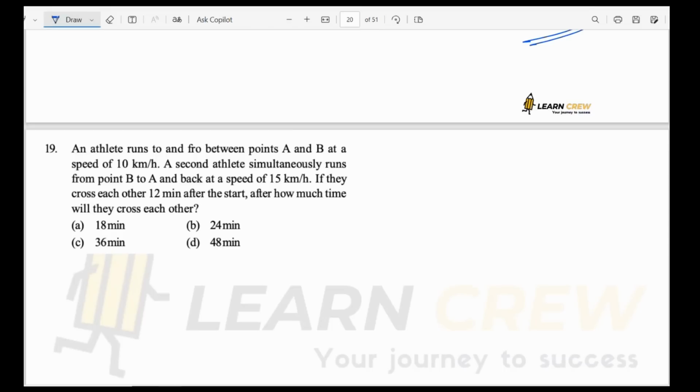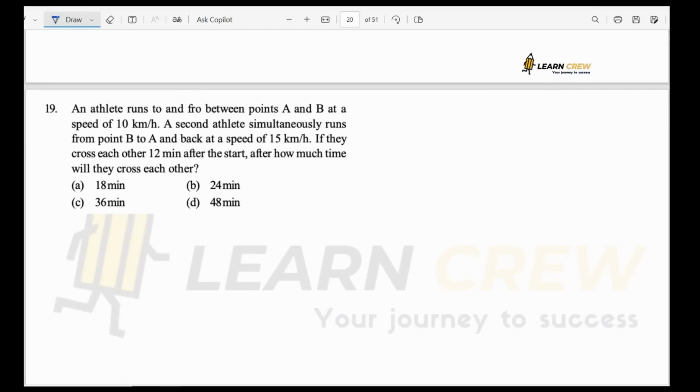Next. Please answer this question number 19. An athlete runs to and fro between points A and B at a speed of 10 km per hour.